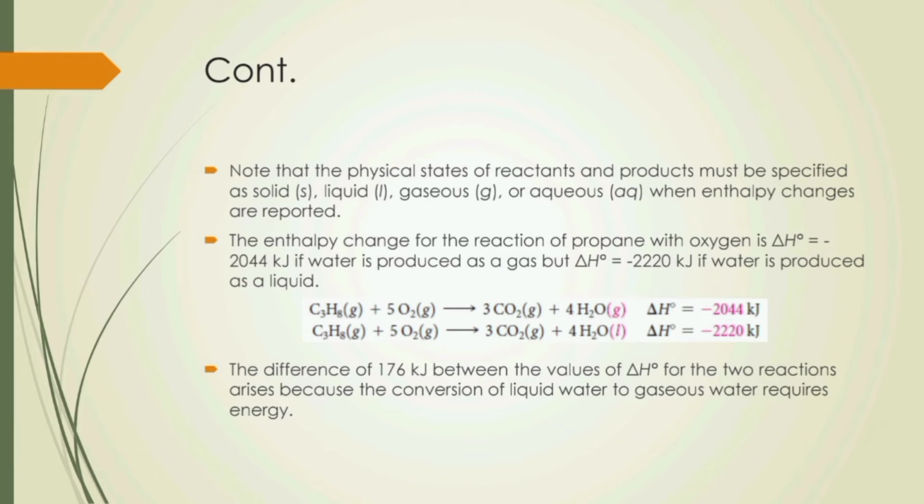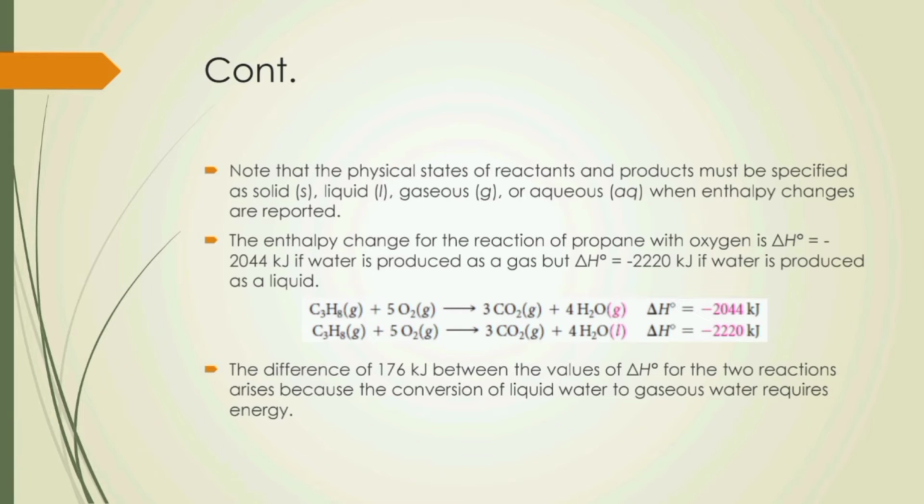So the enthalpy change for the reaction of propane with oxygen, as we took an example before, is delta H naught minus 2044 kilojoule if water is produced as a gas, but delta H naught is minus 2220 kilojoule if water is produced as a liquid.